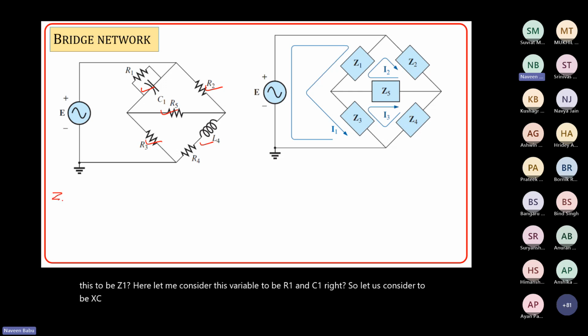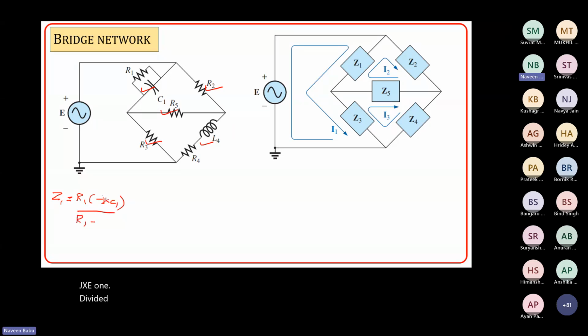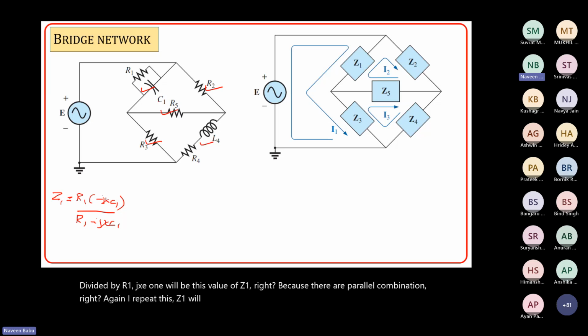So Z1 here will be equal to R1 multiplied by minus jXC1 divided by R1 minus jXC1, because they are a parallel combination. Again, I repeat, this Z1 will be R1 multiplied by minus jXC1 divided by R1 minus jXC1.